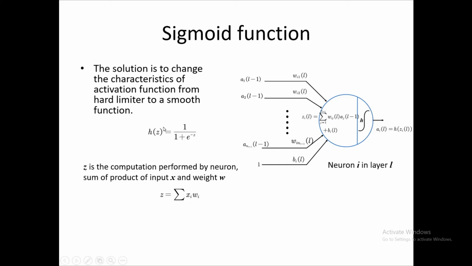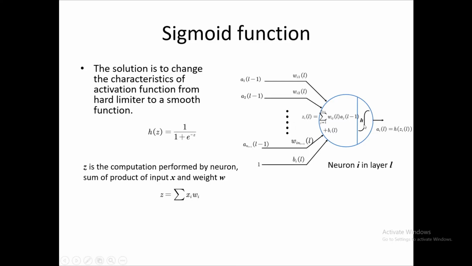For the given input z, which is the weighted sum of the product of the input x and weight w, we take 1 upon 1 plus e to the power minus z.